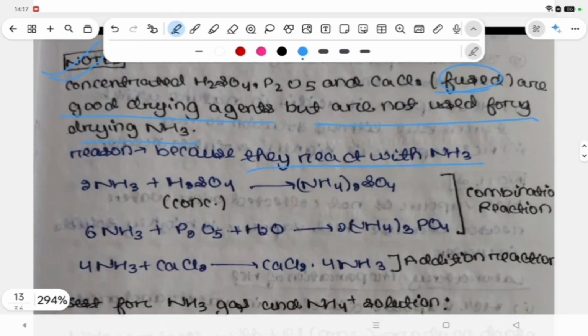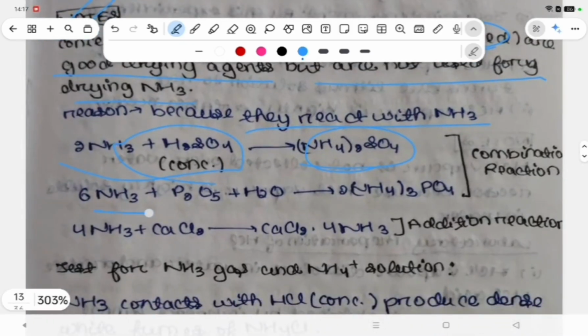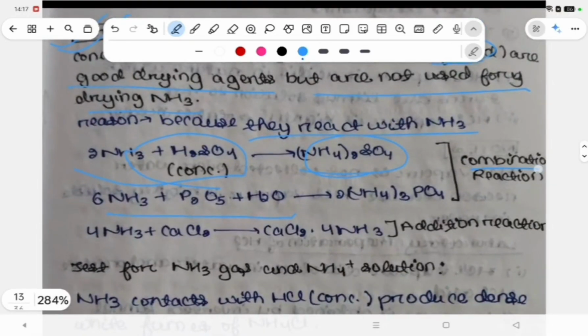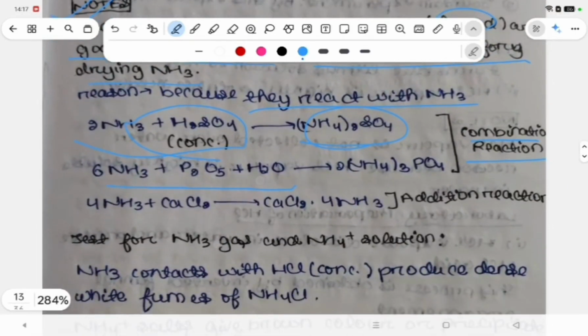Ammonia plus concentrated H2SO4 forms ammonium sulfate. Ammonia plus P2O5 plus water forms (NH4)3PO4. This is a combination reaction. Ammonia plus CaCl2 gives CaCl2.4NH3.